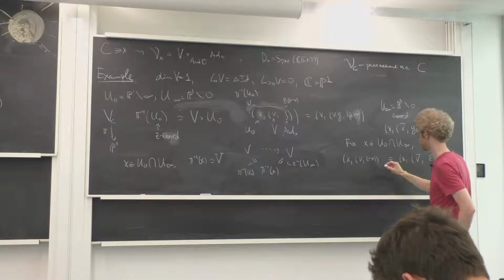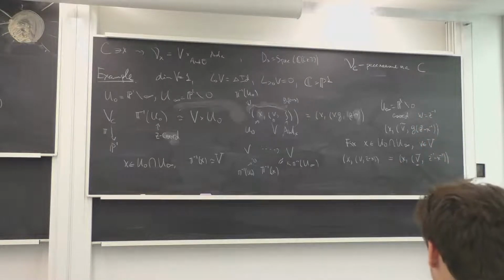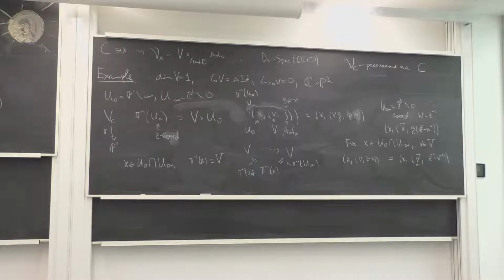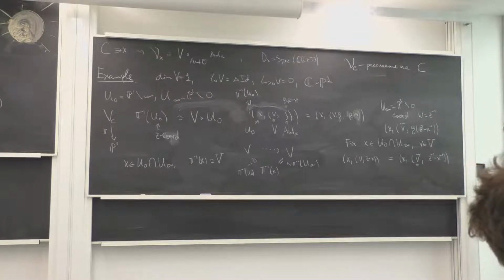So then the question is, what is this v tilde? This equality should be true in our line bundle. Because on one hand any point can be written in this form, on the other hand any point can be written in this form.